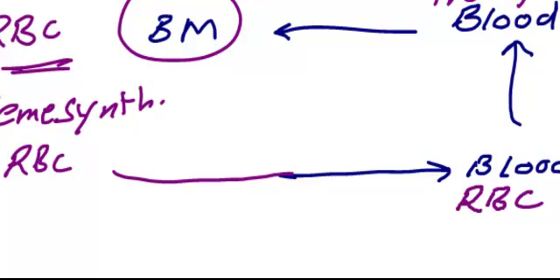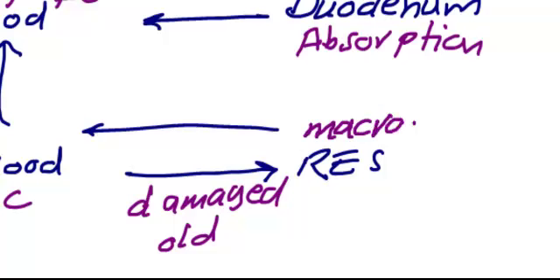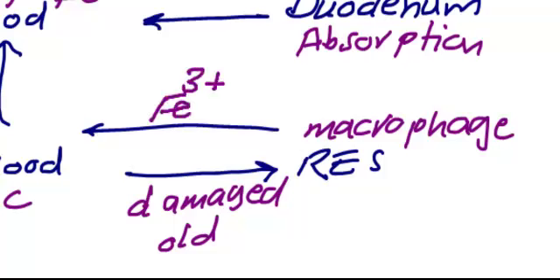Here, if red blood cells get damaged or get old, I have reticuloendothelial cells, which are macrophages, that phagocytose red blood cells, to release what? To release iron back into the circulation, and iron will go to the transferrin.